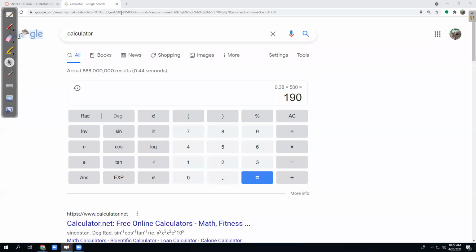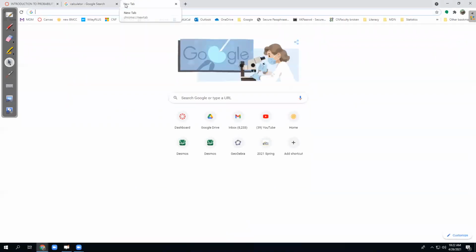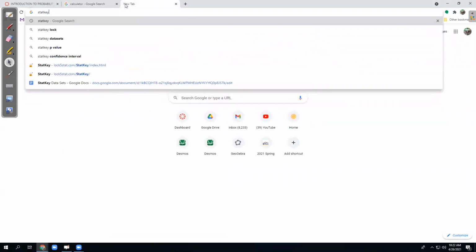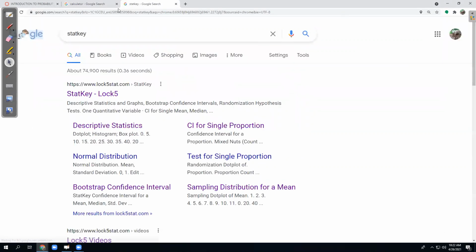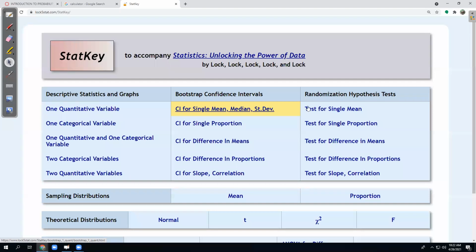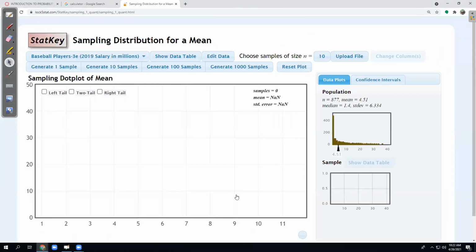We're going to head over to StatKey. If you want to try this too, go for it. This is again a website that accompanies our textbook. Here, I'm going to head down to the sampling distributions. That's a big topic today we're going to get to next. The first data set that loads here is 2019 baseball player salaries in millions.